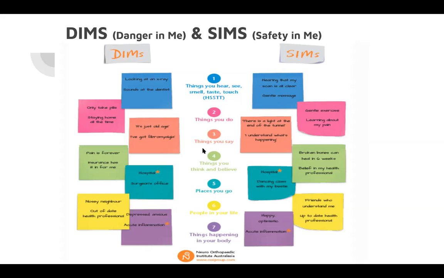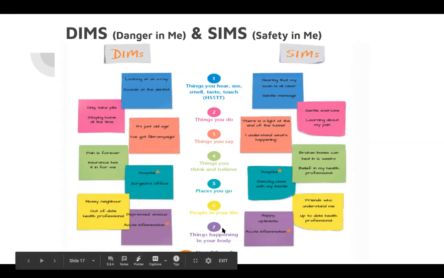I'm going to go down to things you say. Danger in me: it's just old age, I've got fibromyalgia. Versus safety in me: there is a light at the end of the tunnel, I understand what's happening. I'm going to just jump to the bottom. Things happening in your body.